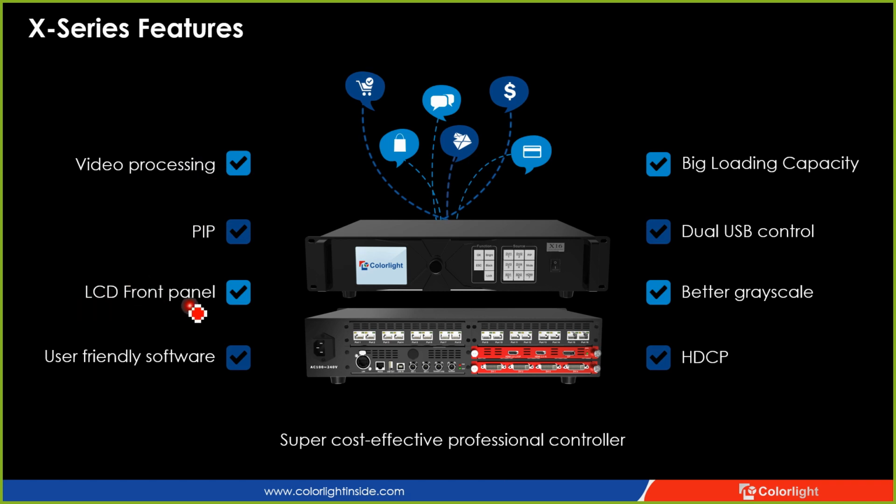The LCD front panel has a knob to change the settings easily without a PC, and it supports the user-friendly software, the iSet. And on the X16, it has a very big loading capacity. Each of our X series processors supports dual USB control, and we provide HDCP and better grayscale. And considering the price, it is very cost-effective.